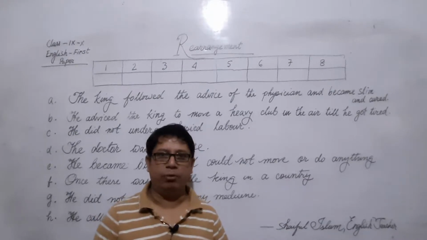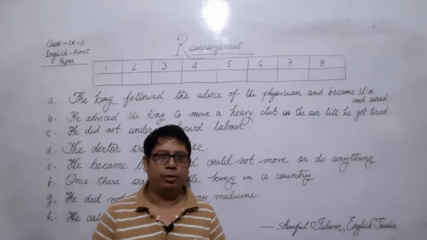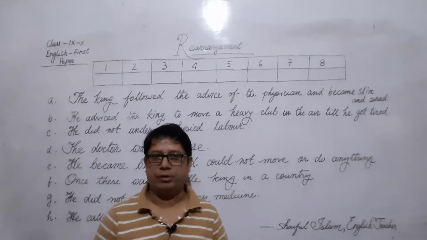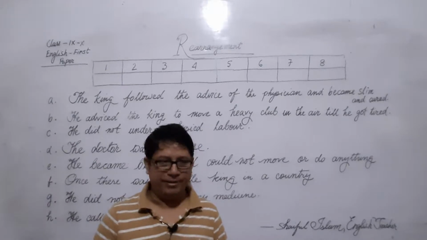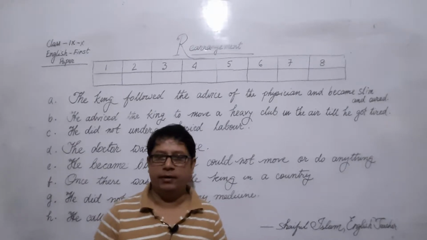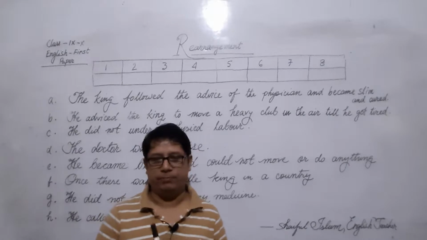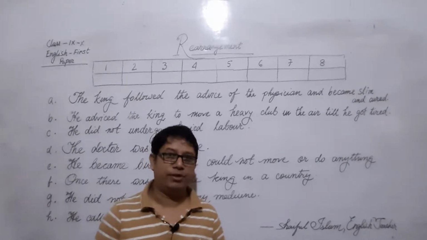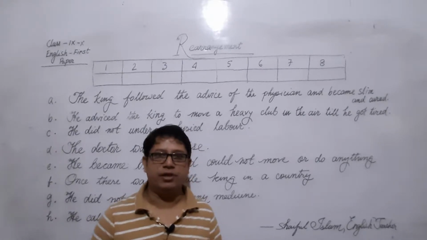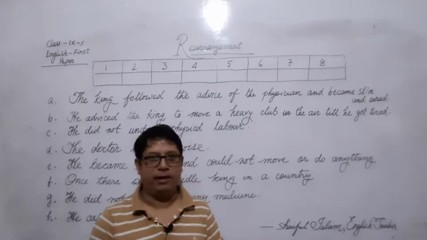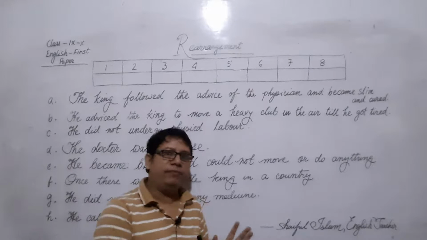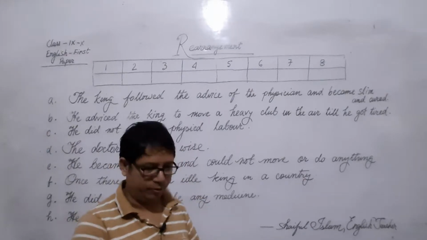In the beginning, we find a situation, we are introduced to a problem. Something happened in the beginning, and after the problem, we want to have the solution. So we take some decision, we do something, after that the results come. The same thing happens in the rearrangement also.